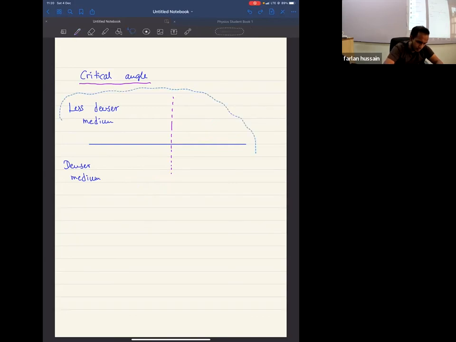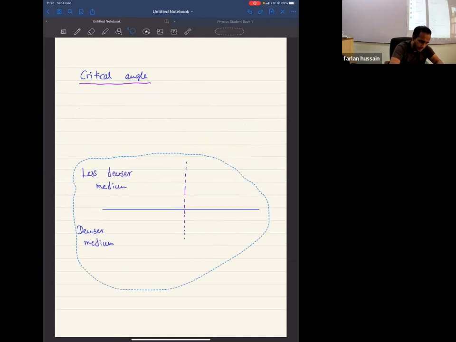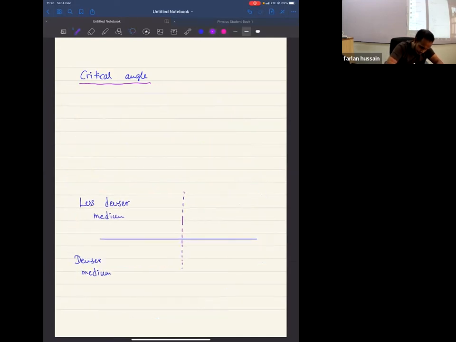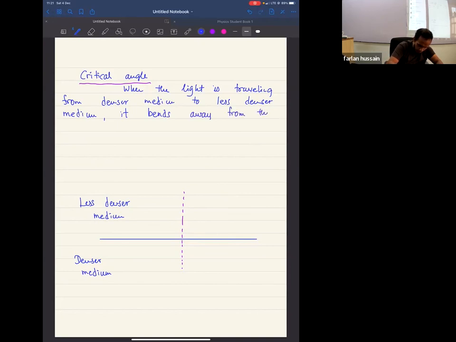First, write this down. When the light is traveling from denser medium to less denser medium, it bends away from the normal. Full stop.